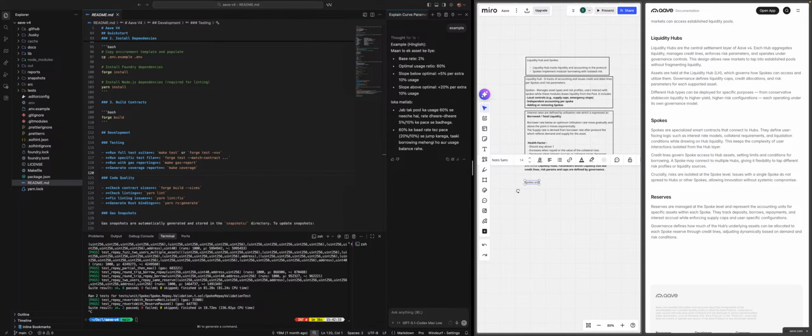Spokes are contracts that define user-facing logic such as interest rates, liquidation conditions, collateral requirements.